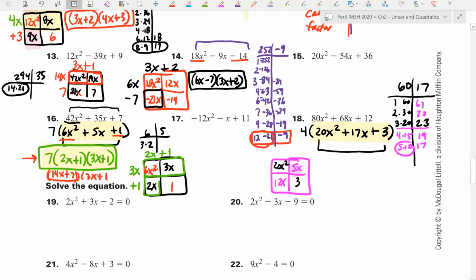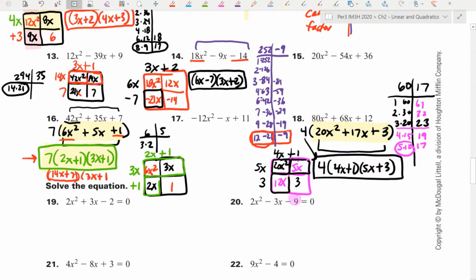So the top two have a 5x in common. 5x times what gives you 20x squared? That would be 4x, and 5x times 1 gives you 5x. And then 4x times 3 gives you 12x. So we still have the 4 that's in front that you've taken out. You cannot get rid of that. And then you have the 4x plus 1 and the 5x plus 3.